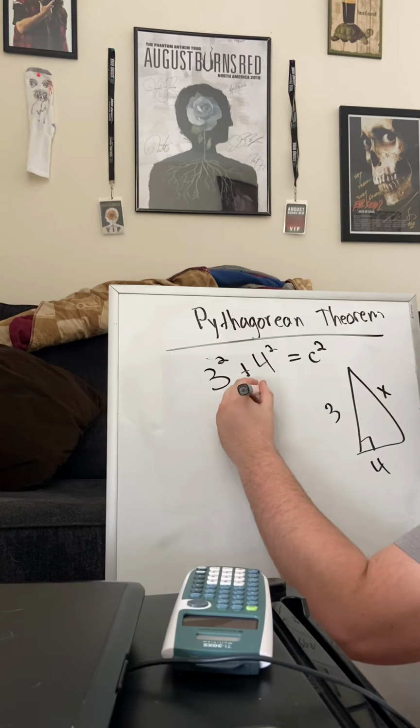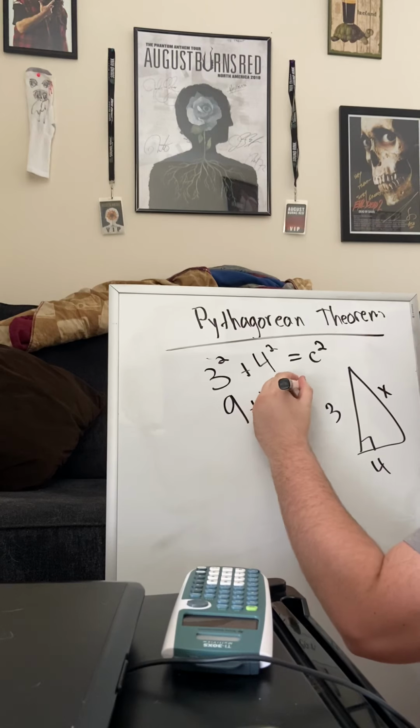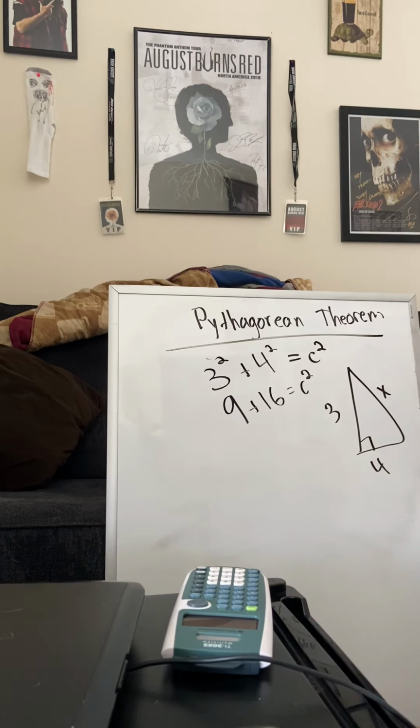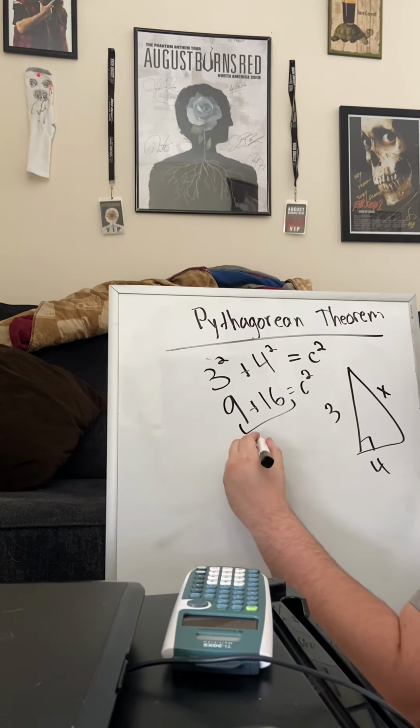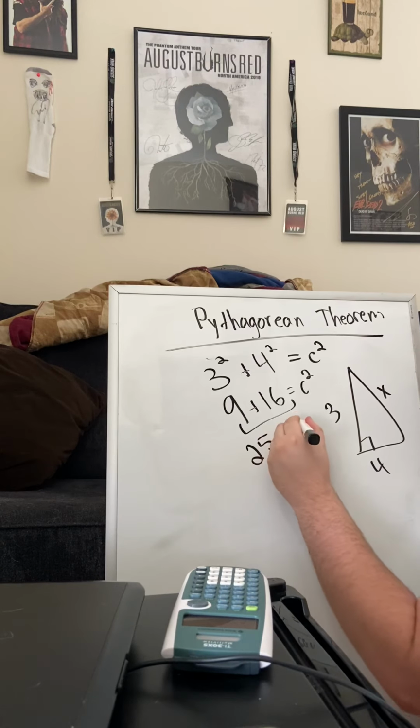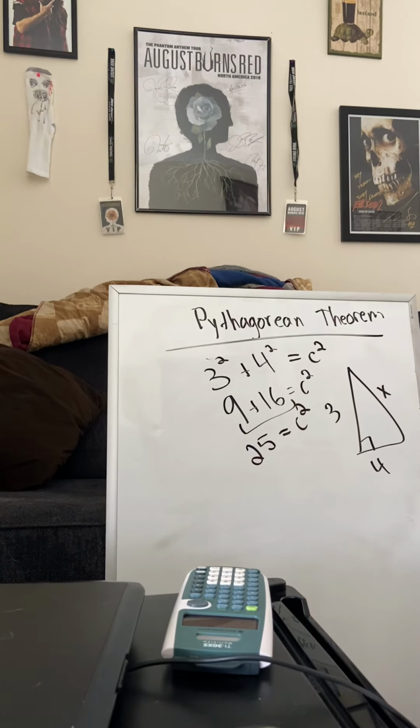So I have 9 plus 16 equals c to the second power. Now I can combine 9 and 16. So what's 16 plus 9? It's 25. So I have 25 equals c to the second power.